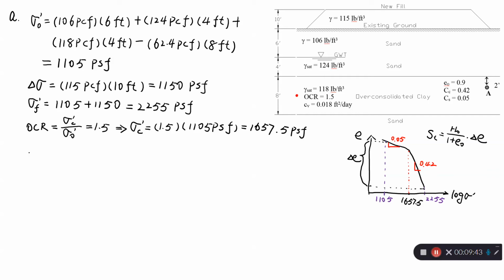Okay, so from there I can estimate my ultimate settlement, which is equal to H naught over 1 plus e naught.